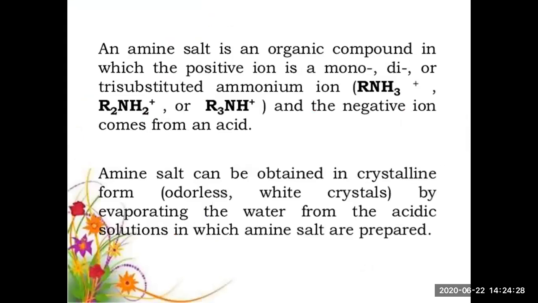Next one is an amine salt. An amine salt is an organic compound in which the positive ion is a mono-, di-, or tri-substituted ammonium ion, and the negative ion comes from an acid. Amine salts can be obtained as crystalline salts by evaporating the water from the acidic solutions in which amine salts are prepared.